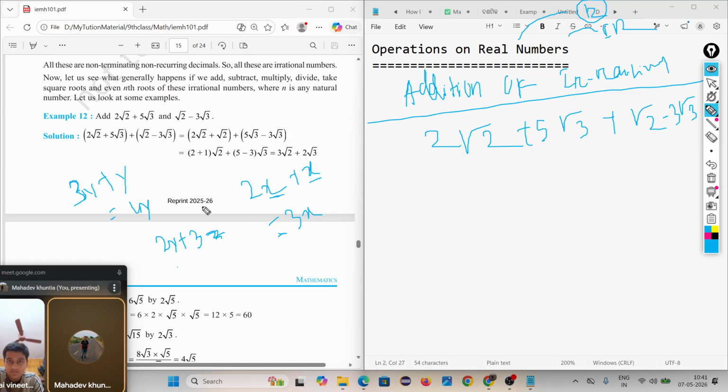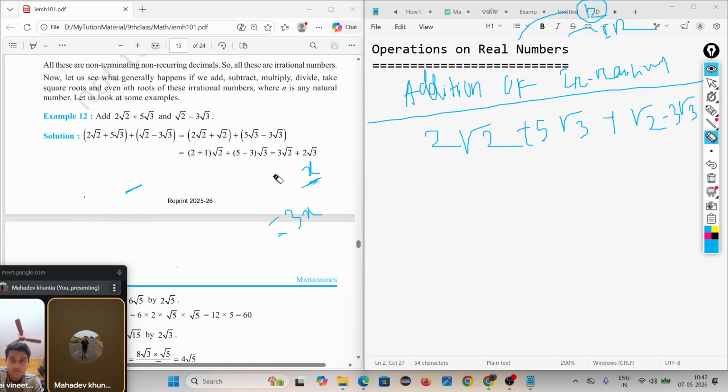Because in algebra, you can add, subtract, multiply, divide same terms. Same terms means if both have the same variable, we can multiply, add, subtract, or divide.